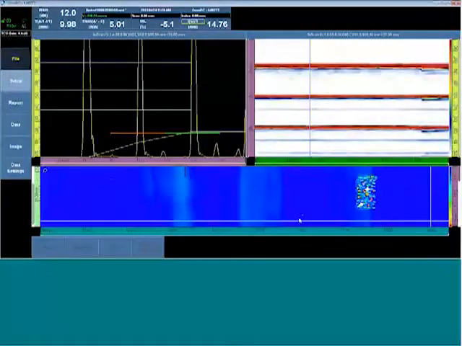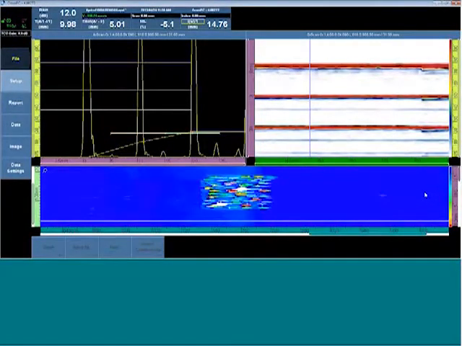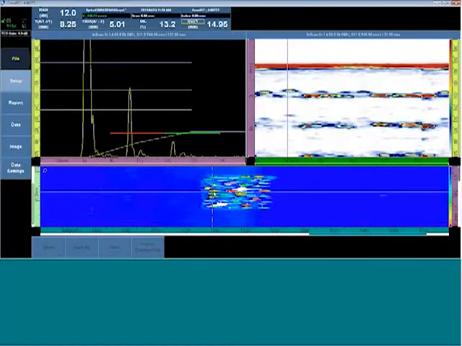I'll zoom in on an area of interest. So in this case, we have a 200 millimeter index axis, and on the scan axis, we have 900 millimeters here.